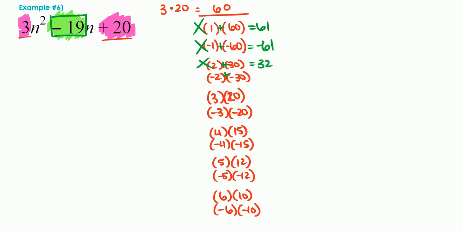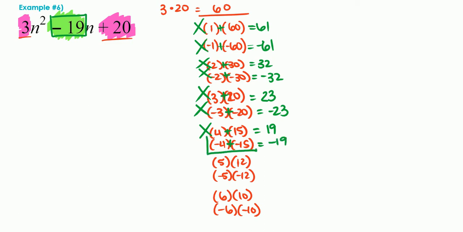Negative 2 plus negative 30, that's negative 32, still not it. 3 plus 20, that's 23, still not it. Negative 3 plus negative 20 is negative 23, nope. 4 plus 15, that's 19. Oh, that's close, but remember we want a negative 19, so that's not it. Oh, but negative 4 plus negative 15 gives me negative 19.